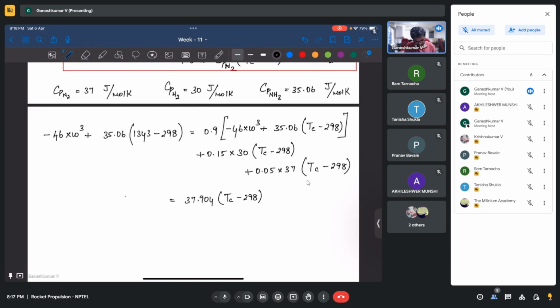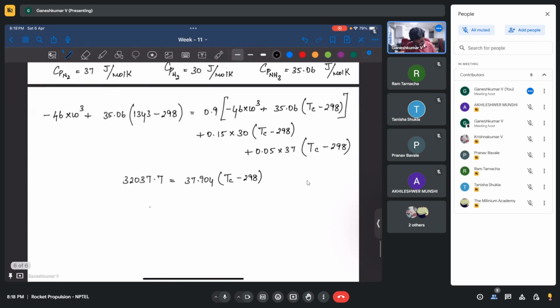So this side is coming out to be 3037.7. I'm not sure, please check my math once. So this is coming out to be 1143 Kelvin. Yeah, I got the same. Okay, thanks Pranav.